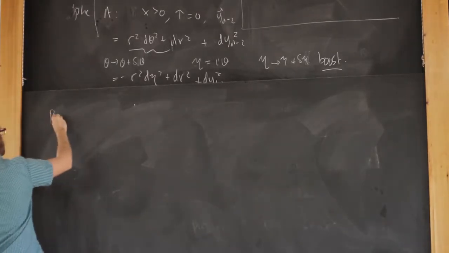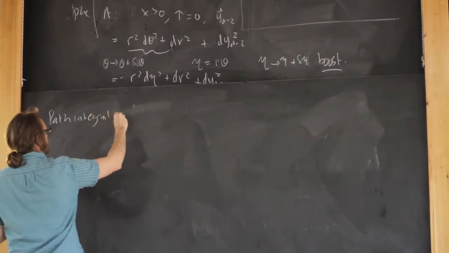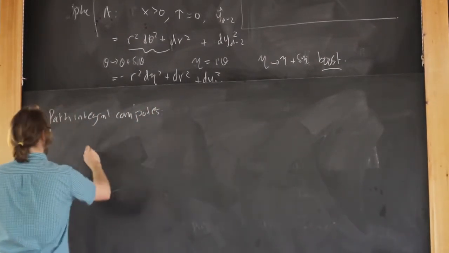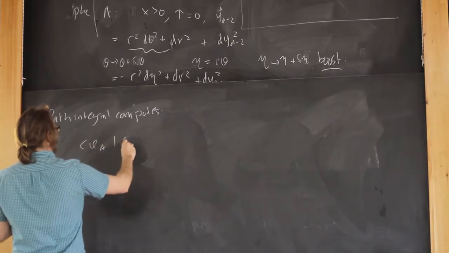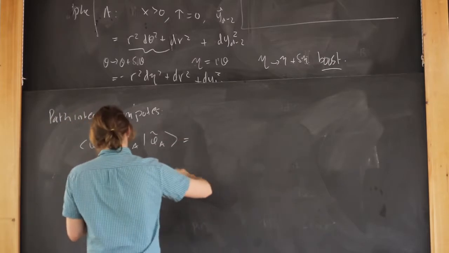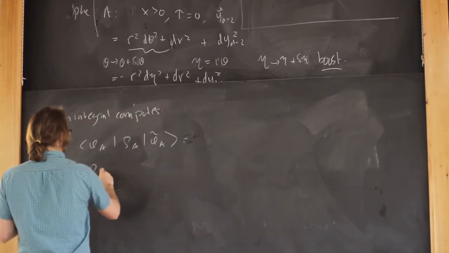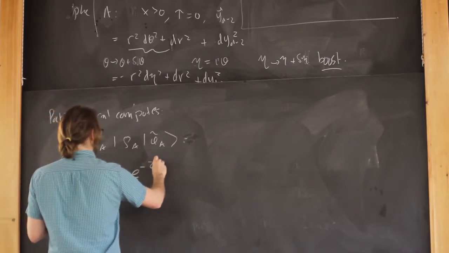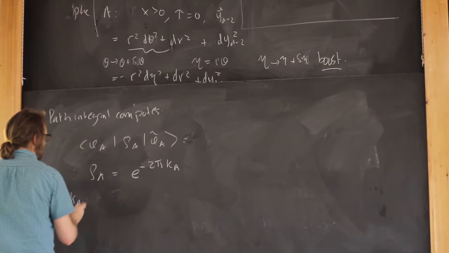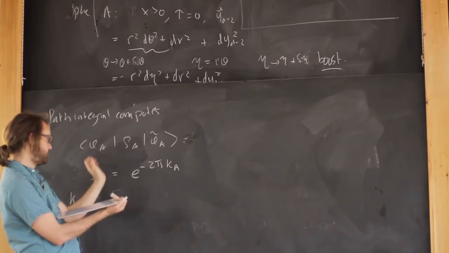So the path integral computes, well, that's what it computes, and then it's not hard to see that this is just 2 pi K_A, where K_A, well, remember I should have an i here, generating some rotation by 2 pi.